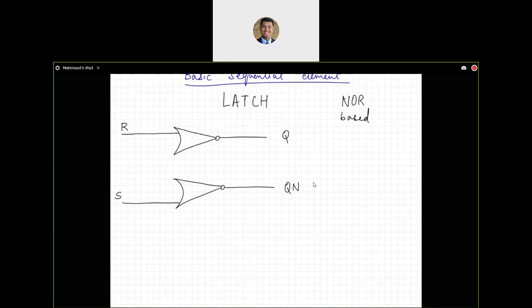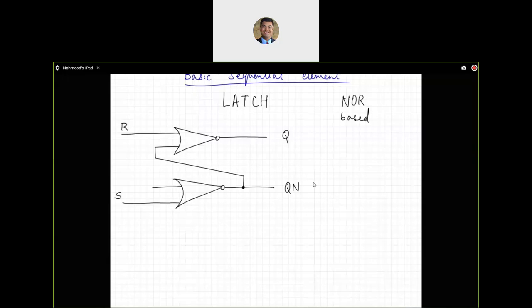I'm going to draw two lines. Let's say I have the other input of the NOR gate. For the top NOR gate, the input is actually coming from the output of the bottom NOR gate.